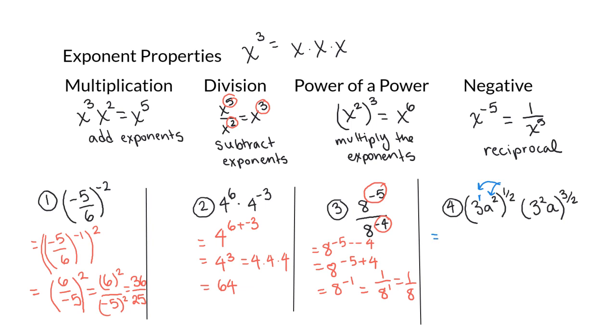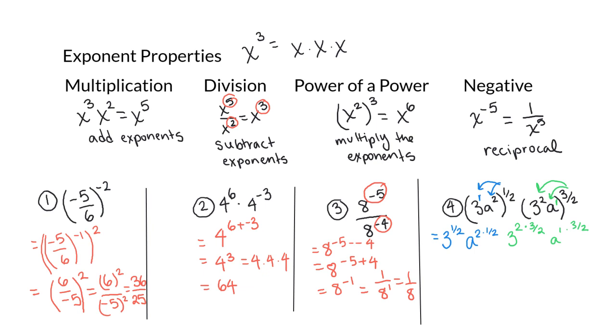So 3 to the first to the 1/2 would be 3 to the 1/2. A to the second to the 1/2 would be a to the 2 times 1/2. And then this second piece, we'd multiply that outside exponent into both the exponents on the inside. The exponent of the a is 1 since it's not written. So that would be 3 to the second times 3 over 2, and a to the 1 times 3 over 2.